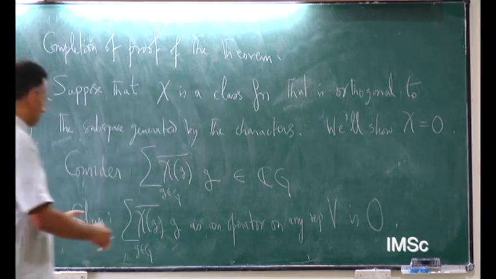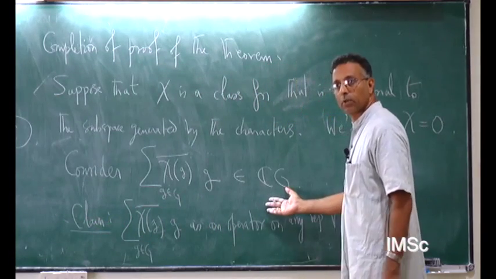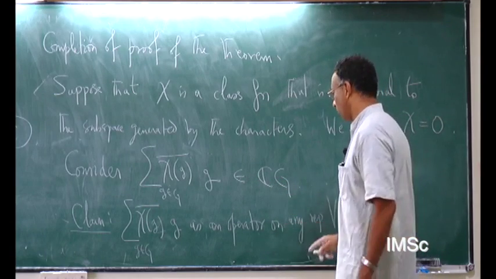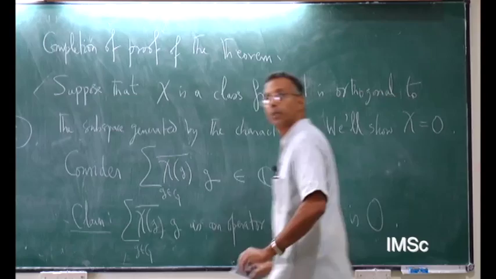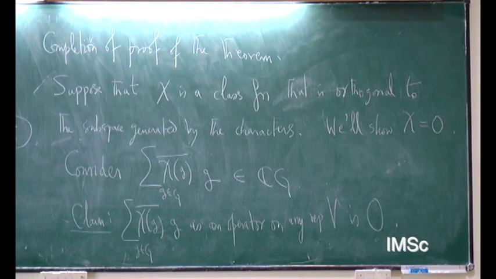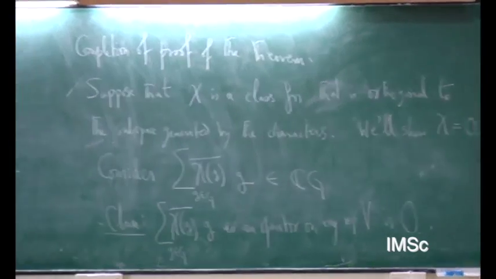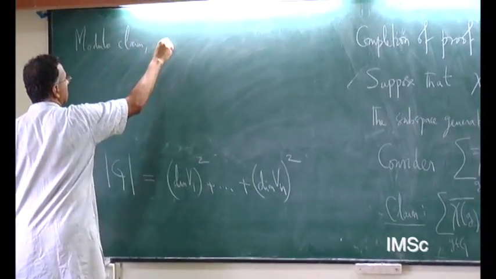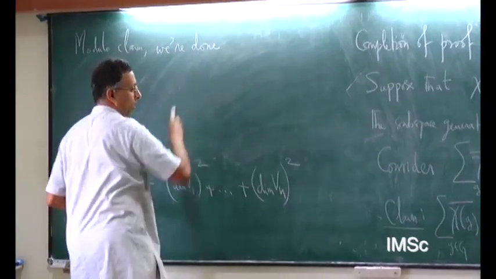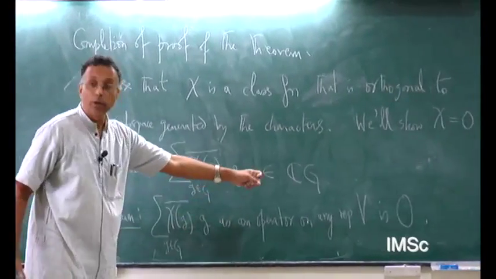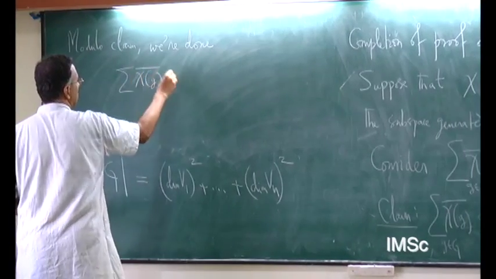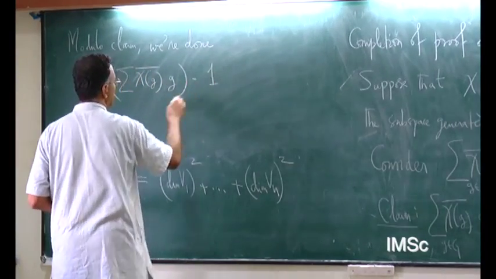Now how does this claim prove the theorem? It acts on the representation CG. So for a minute assume this claim. Modulo the claim, we are done. Because look at this operator. How does it operate on CG? On the element, this sum of chi of g bar times g acting on 1, this is in CG.